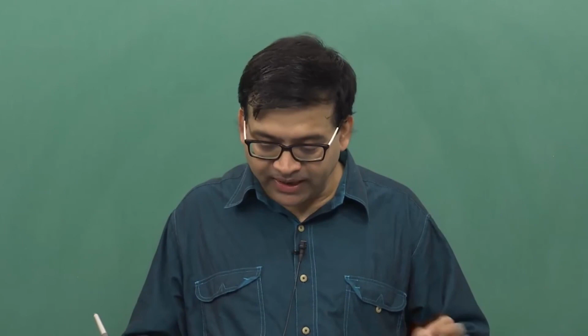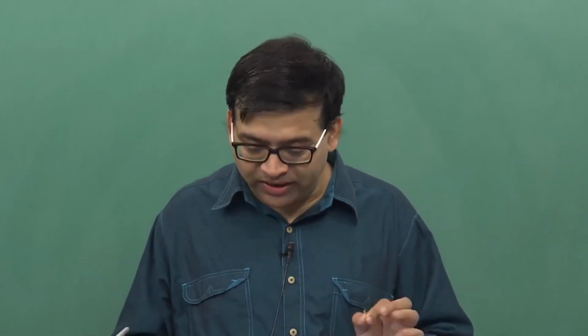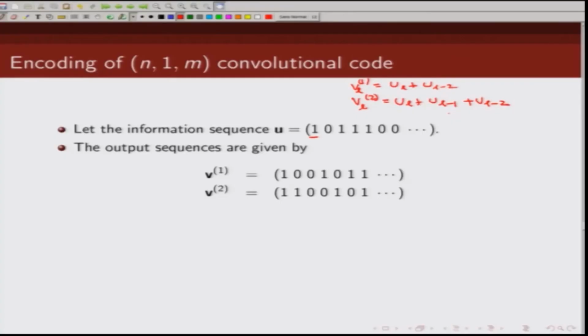In other words, UL minus 2 and UL minus 1 were both 0. Now, if both were 0 initially and if UL is 1, what will be V1L? This is 1 plus 0, which is 1. So, you can see this is 1. And what is V2L? This is 1 plus 0 plus 0. So, that is also 1.